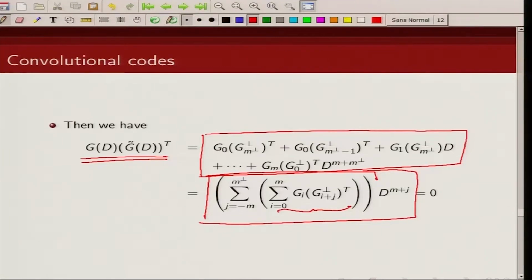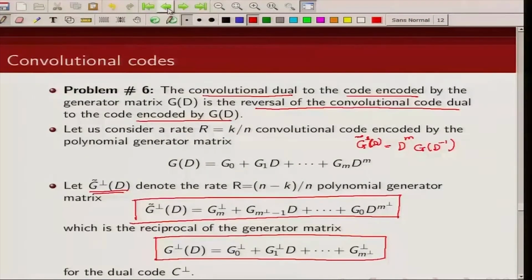So, this whole summation will also be 0. So, what we have shown is that the dual of this code which has generator matrix G is nothing but the reversal of the convolutional code dual, because this generator matrix is a reversal of the generator matrix of the dual code of C. Okay.